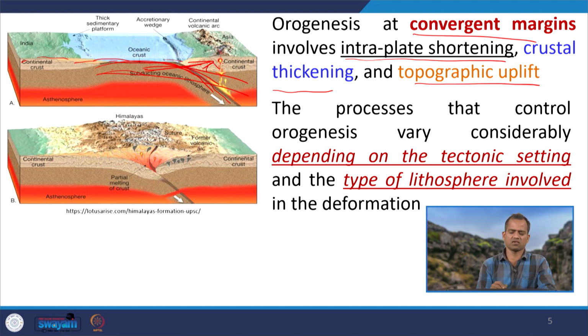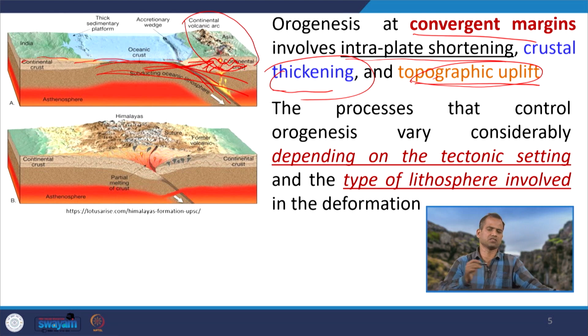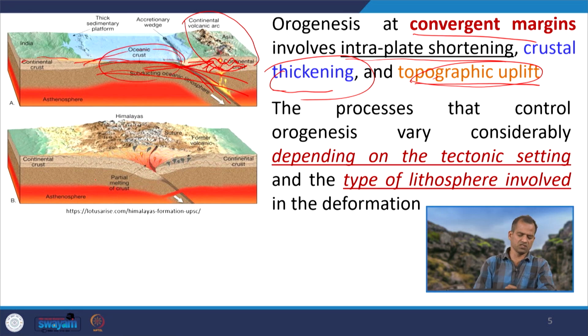As a result, there will be deformation, and once there is deformation, there will be crustal thickening, topographic uplift and intraplate shortening. All these characteristics will be experienced at this part of the overriding slab. As a result, with the consumption of the intervening ocean basin, the two continental systems are colliding, and finally we are getting a collisional mountain system here.